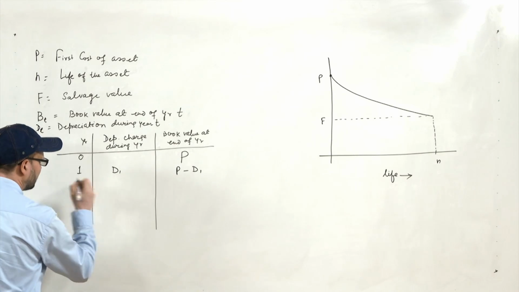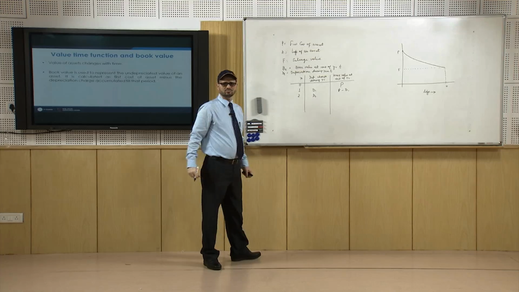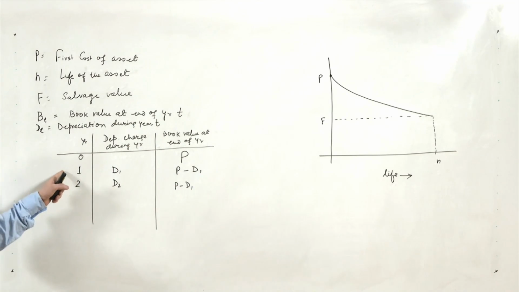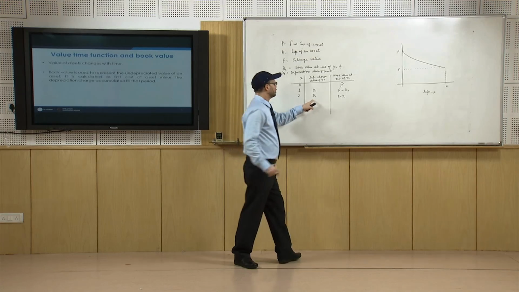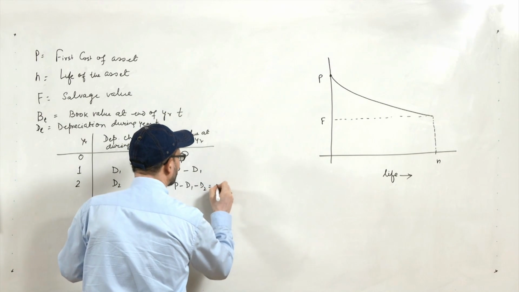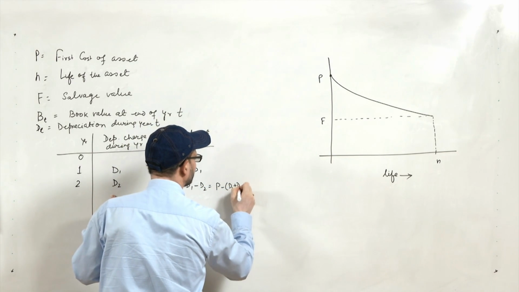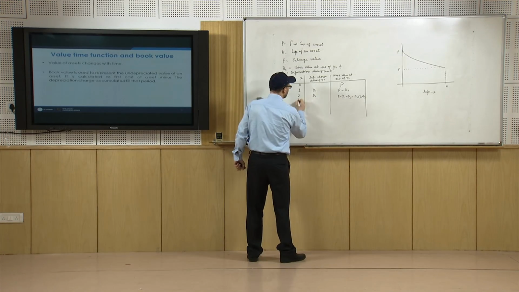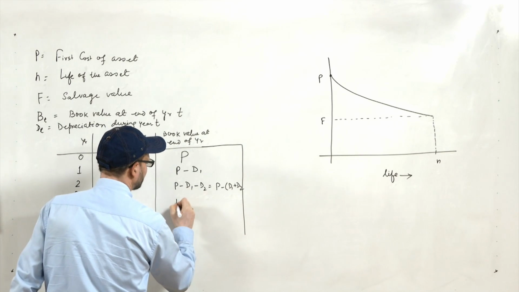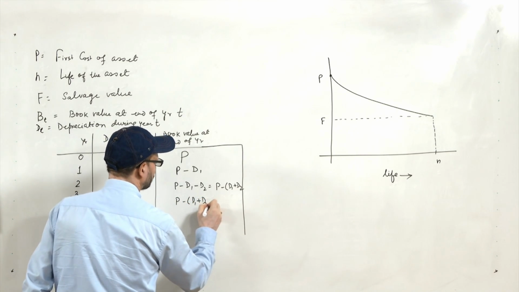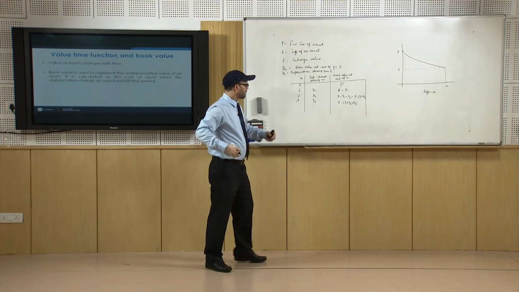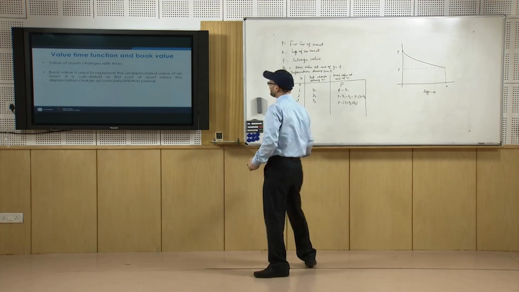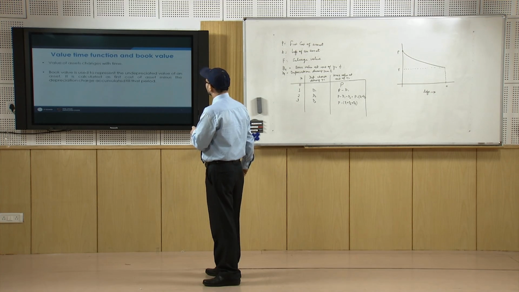In the second year the depreciation charge is d2. P minus d1 is the value at the end of the first year, and the depreciation during the second year is d2, so it will be P minus d1 minus d2. In the third year, if it is d3, it will be P minus d1 minus d2 minus d3. This way you see that the depreciation charge is accumulated and subtracted from the first cost of the asset.